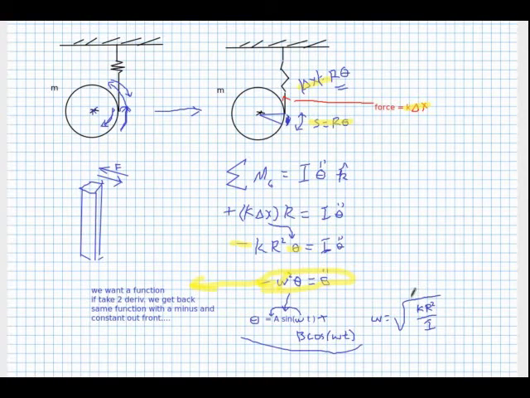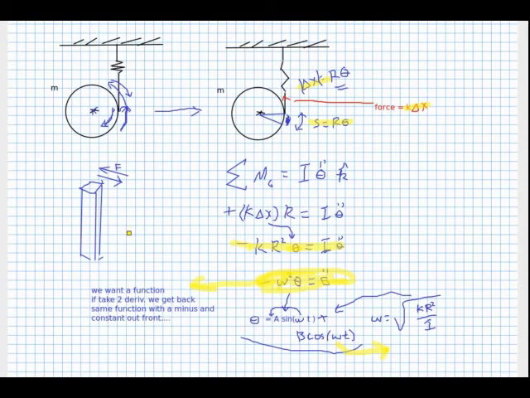Okay, and finally, for this particular example, my omega, just comparing this equation and the one above it, my omega has to be equal to the square root of k r squared over I. Okay, finally, so what is the period of this oscillation?